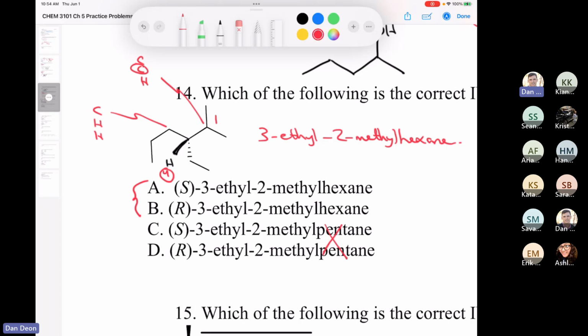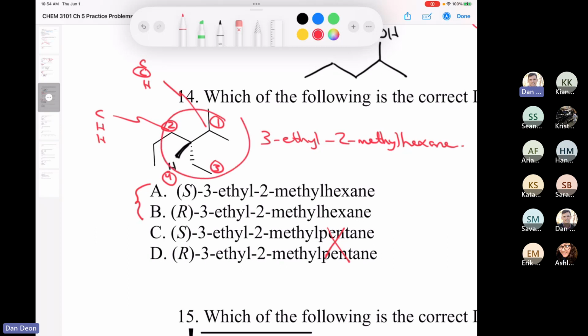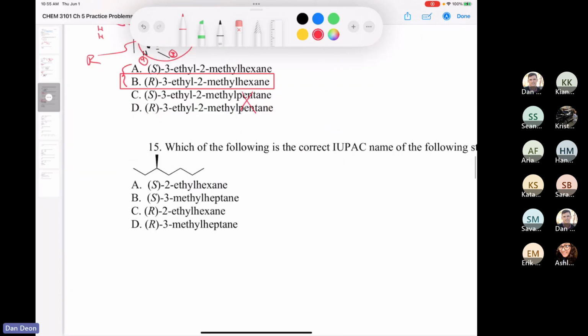So there's our tiebreaker. So this is 1, this is 2, this is 3. So we go 1, 2, 3, which is counterclockwise, and the hydrogen's coming out in front. So we reverse it from S to R. And so the compound is B. It is R-3-ethyl-2-methyl hexane.